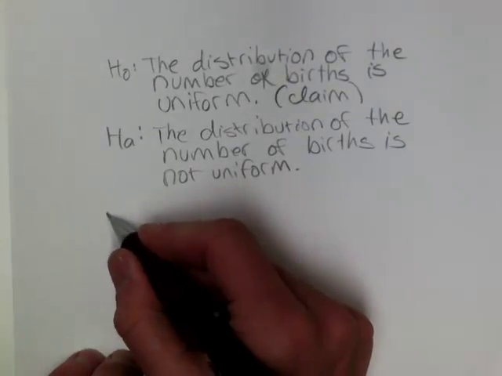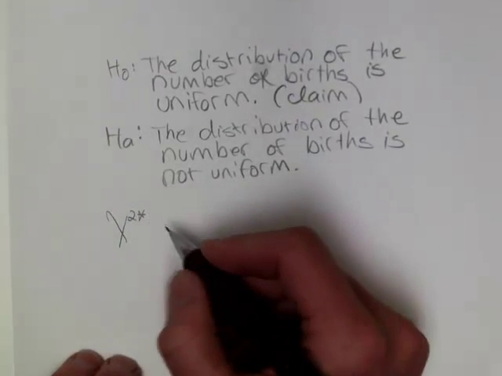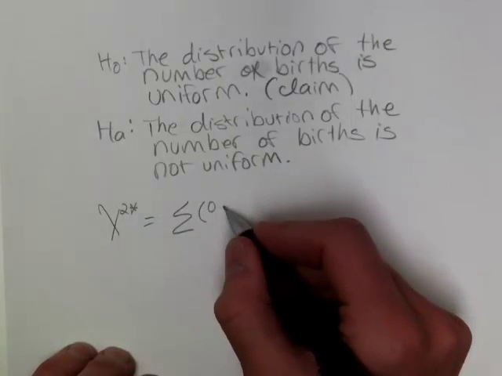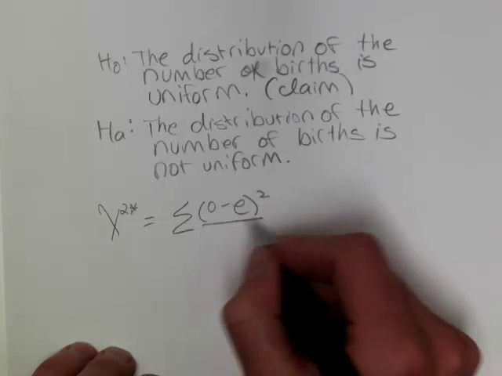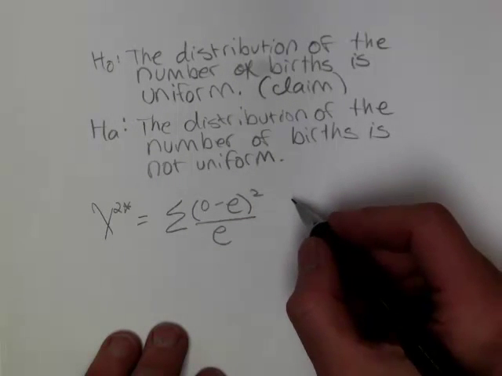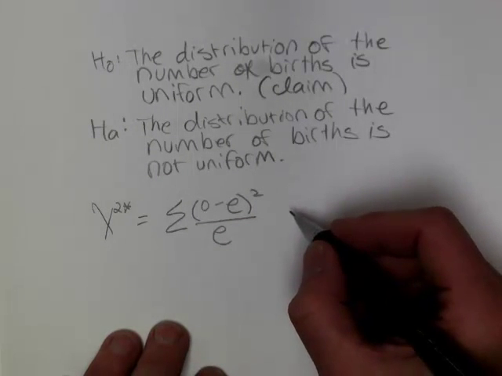Remember the test statistic formula for a goodness of fit test is the sum of the observed values minus the expected, squared, over the expected. This is really easy to deal with when we have an expected distribution that's uniform.